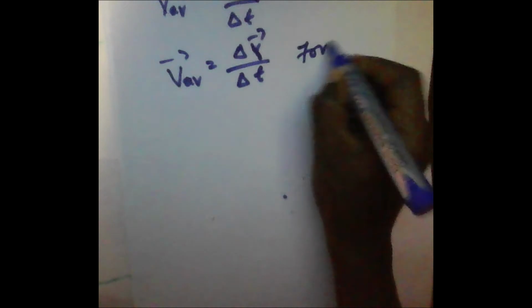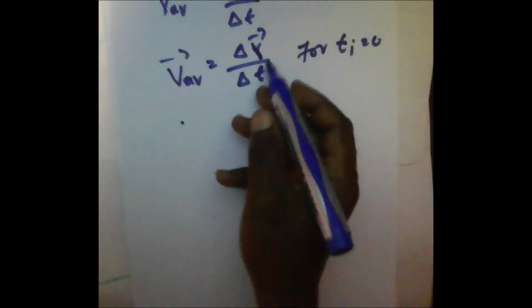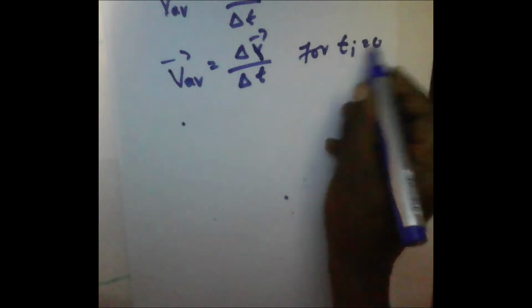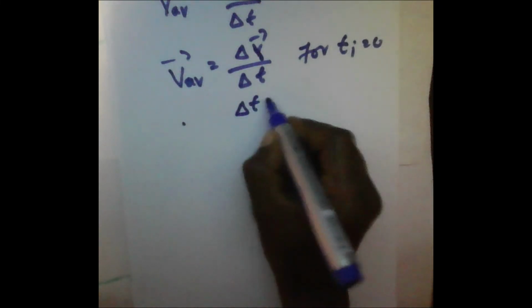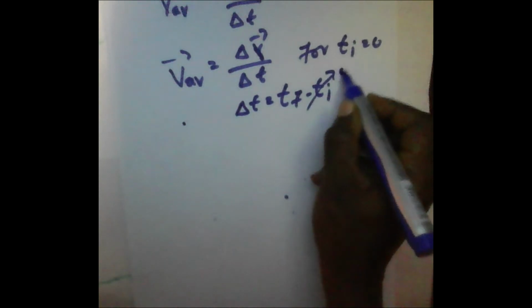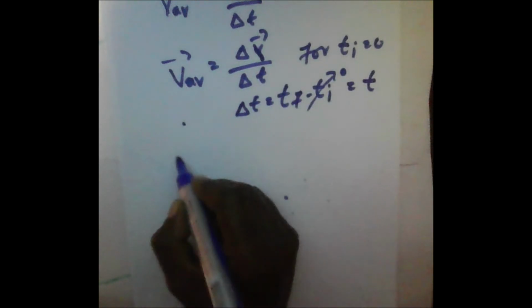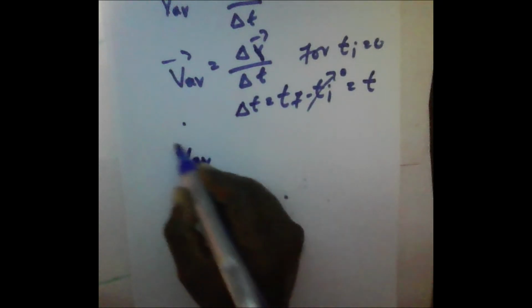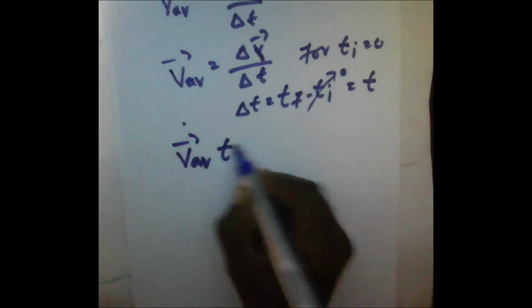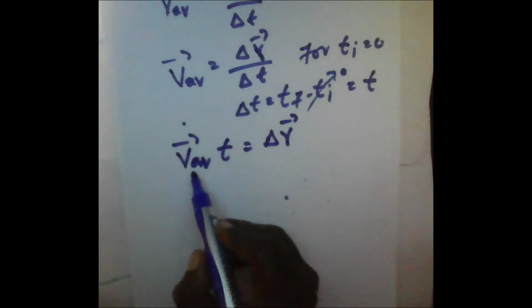Having this in mind, we know that for t initial equal to 0, change in t is equal to t final minus t initial, where t initial is equal to 0, therefore it becomes t. Therefore multiply both sides by t, the average velocity multiplied by t is equal to change in r. So change in r is the average velocity multiplied by t.